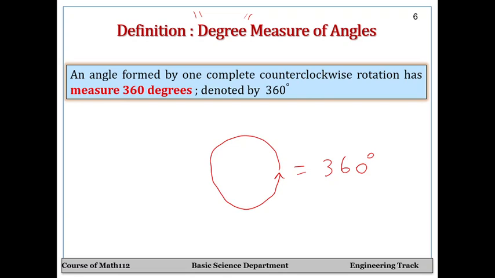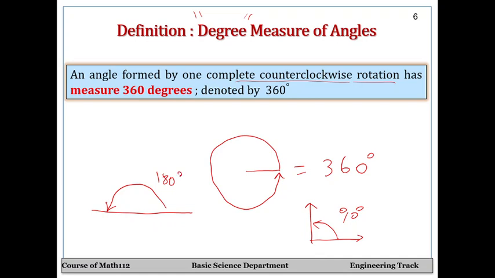One complete counterclockwise rotation corresponds to 360 degrees. Then we can ask, what is the measure of this angle? What about the quarter here? The quarter will be, of course, 90 degrees. And what about the half turn? It will be 180. So we are rating it according to 360.